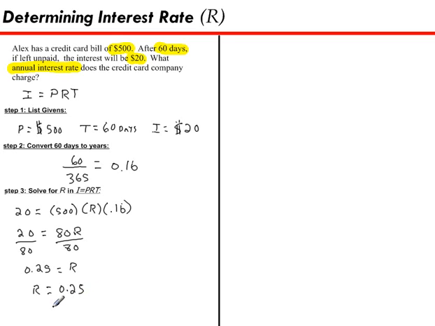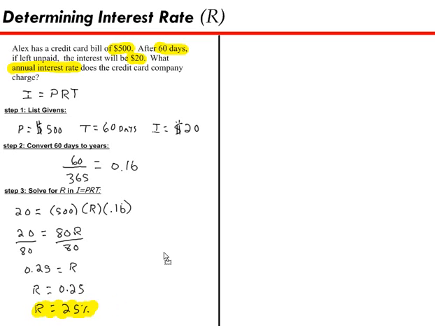So finally it's going to look something like this. My rate is 25%. And if you need help converting from decimal to percent, check out an earlier mini clip called Converting Decimals to Percent, and it'll help you. And that's my final answer. Turns out this credit card company charges a rate of 25% per year.